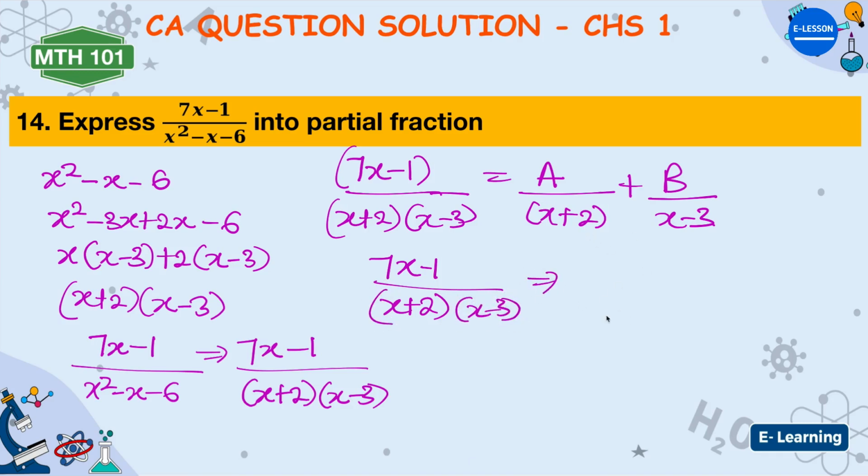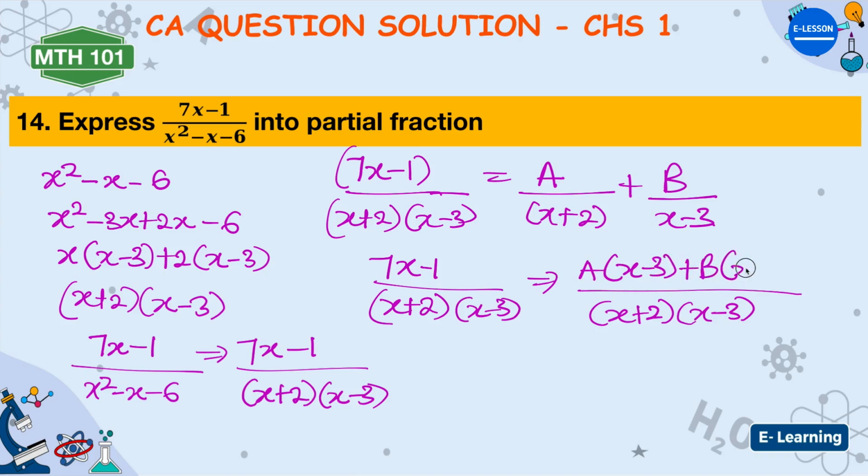When this divides this, it is going to give us a bracket x minus 3. When this divides this, it is going to give us b bracket x plus 2. So 7x minus 1 will be a bracket x minus 3 plus b bracket x plus 2.